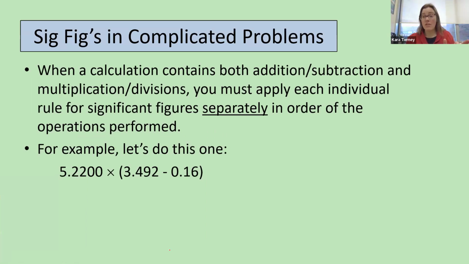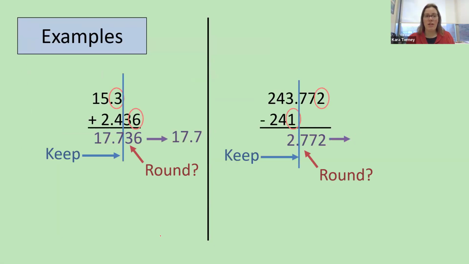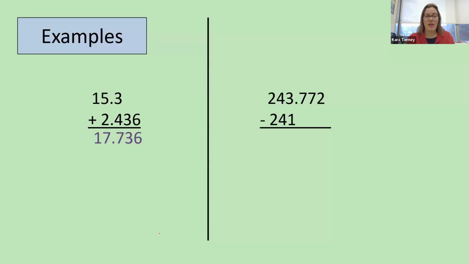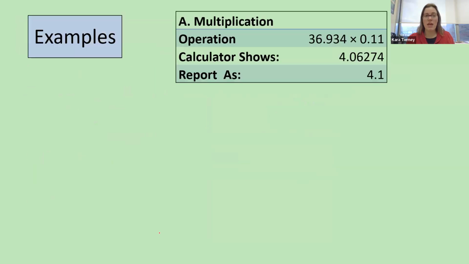All right, so we talked about calculations when they are adding and subtracting versus multiplication and division. And maybe I should just flip back a little bit and review for multiplication and division. We count the numbers in each number involved and we take the lowest number of significant figures.